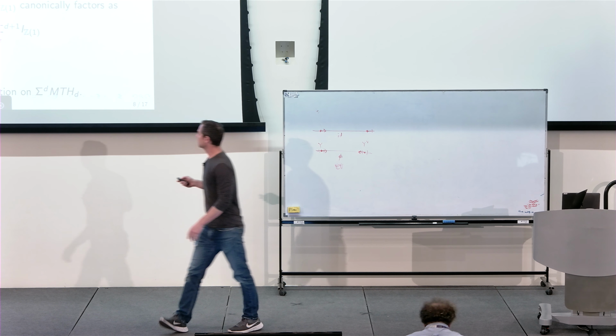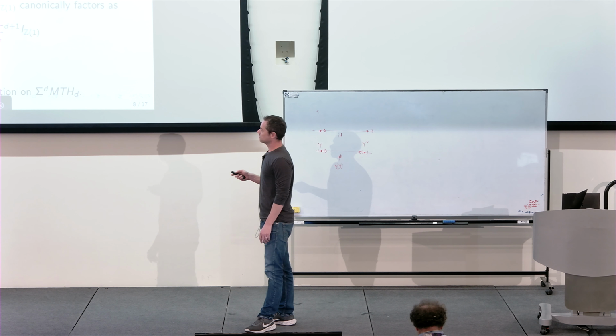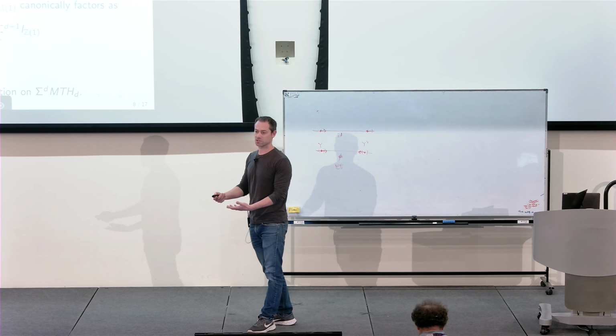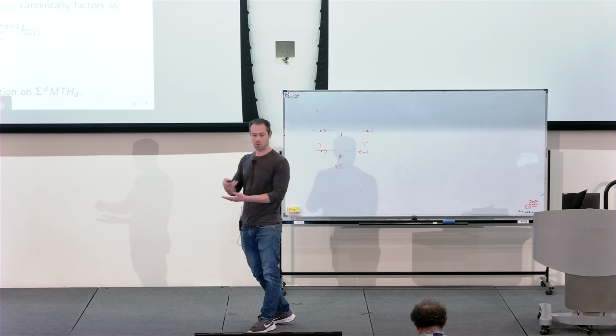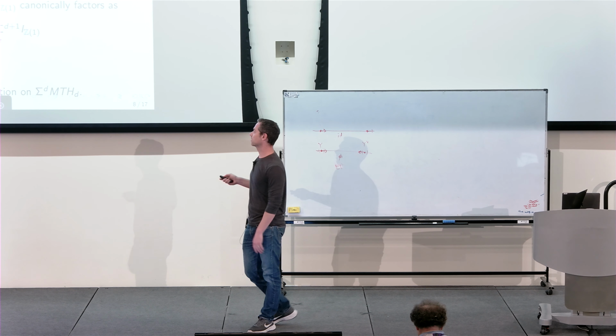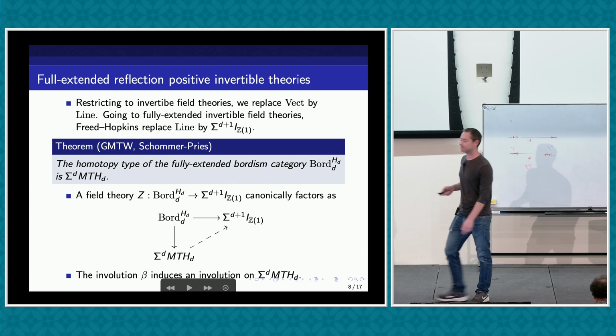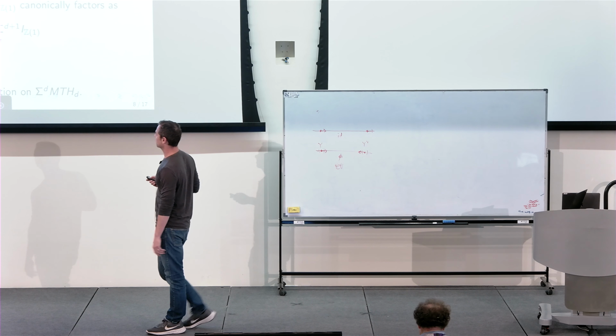When they say the homotopy type here, really what you're doing is this construction, formally inverting all morphisms and all objects in the Bordism category, and the result is a spectrum, and that spectrum is this shift of the Madsen-Tillmann spectrum. So it's a group completion, a homotopy group completion.